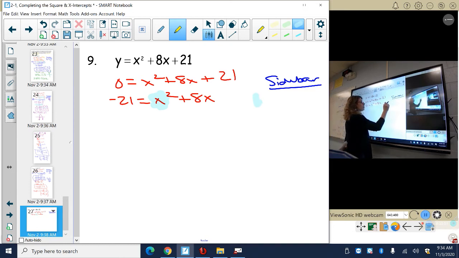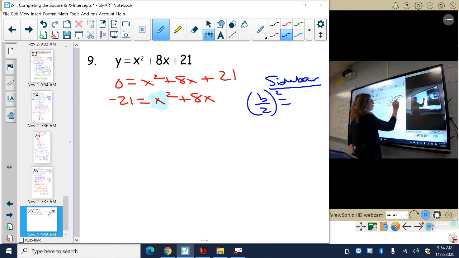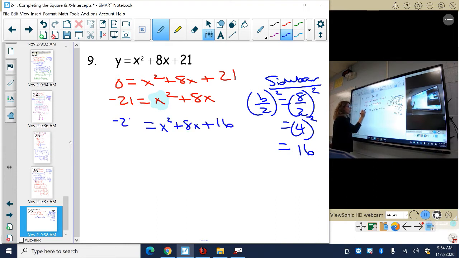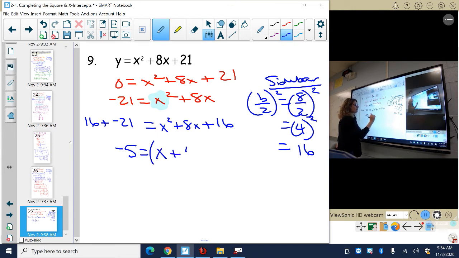So this is going to be b divided by 2, squared. My b is 8, divided by 2 is 4. Squared is going to be 16. So this is going to be x squared plus 8x plus 16, which means I have a negative 21 over here plus a 16. This gives me a negative 5 is equal to (x plus 4) squared.